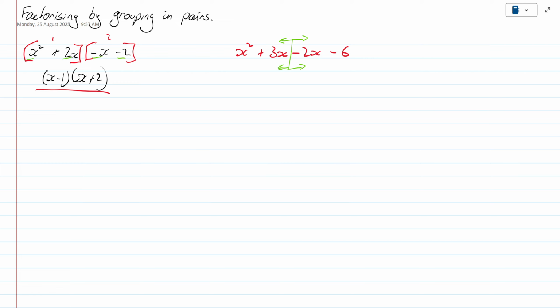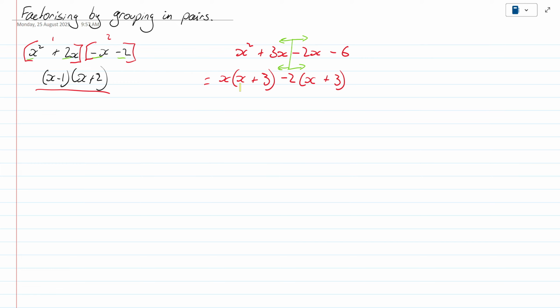So the factors of x squared and 3x are going to be x. x times x gives you x squared, and x times 3 gives you 3x. The highest common factor of negative 2x and negative 6 is going to be negative 2. We write minus 2, because that's the highest common factor of that pairing. Negative 2 times x gives you negative 2x, and negative 2 times positive 3 will give you negative 6.